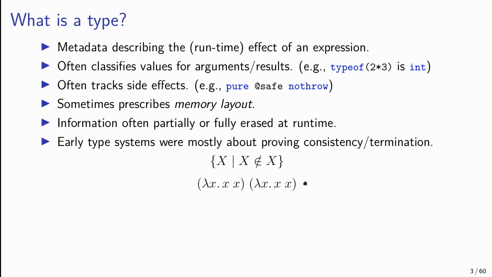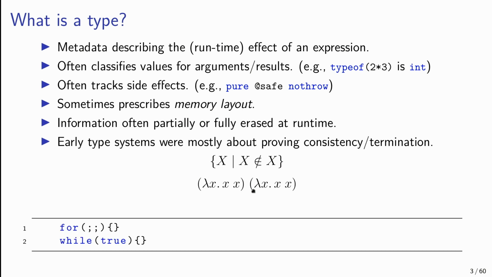So you take this function, you substitute it for x here, and then you just get the same term again, which is quite annoying if you want to do logic, because if you want to do logic, you don't like self-referential things. Interestingly, in modern programming languages, this is very seldom done. So you don't prove termination, you actually directly introduce language constructs that don't terminate, and they very much type check.